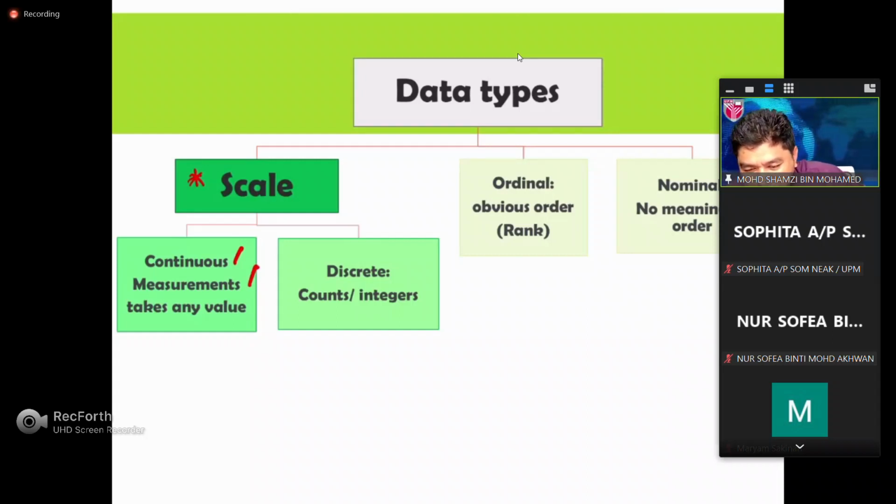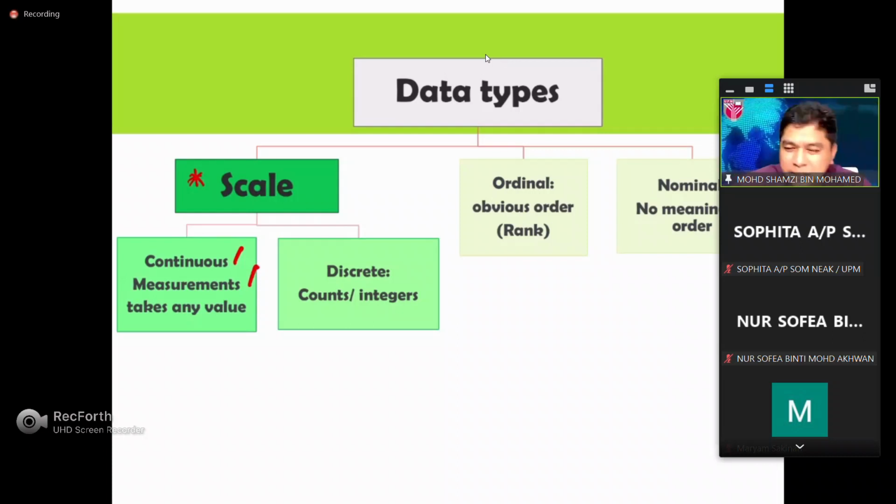So you have a quantity at the front, let's say your weight, and then attached to the quantity is the unit, like 5 kg or 5.1 kg. You can affix a unit at the back of your quantity. Usually it's continuous because you can measure.